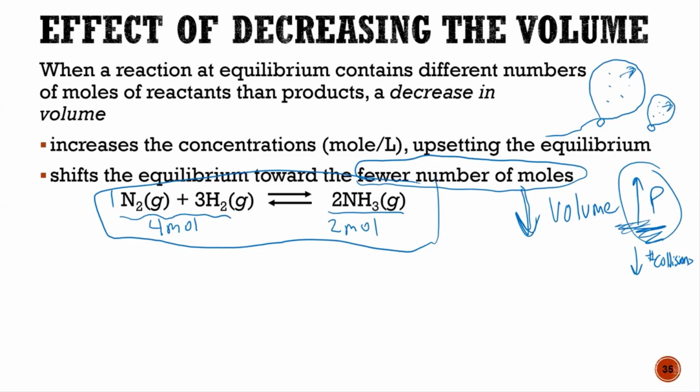So if I decrease volume on this container, I want to have fewer particles so that there's less pressure. The only way to have fewer particles is to go to the side that would result in fewer particles. The products, there's only 2 moles. So by decreasing volume, I see a shift to the right.